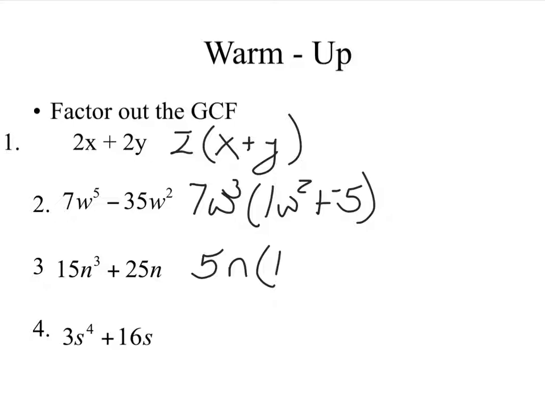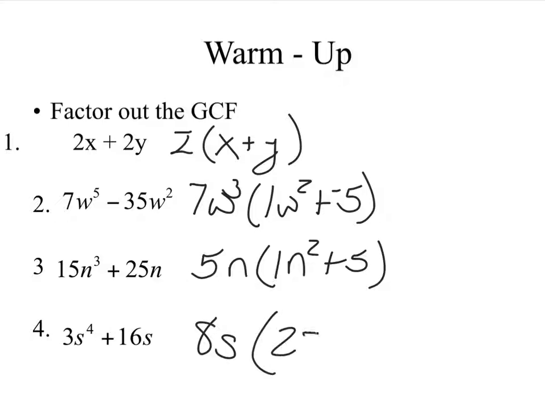That will leave me with 1n squared plus 5. And the last one is 8s to the 4th, so I can pull out an 8 and an s. That leaves me with, can't divide today, that leaves me with 1s plus 2.